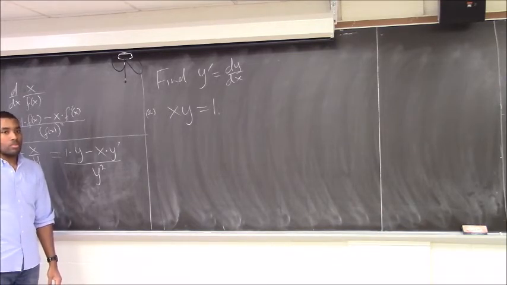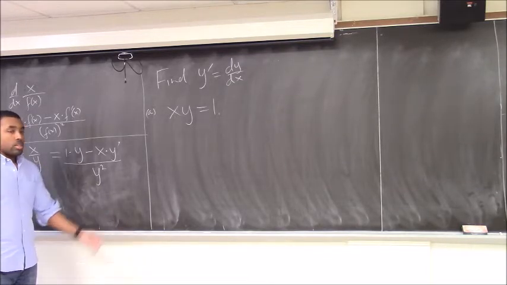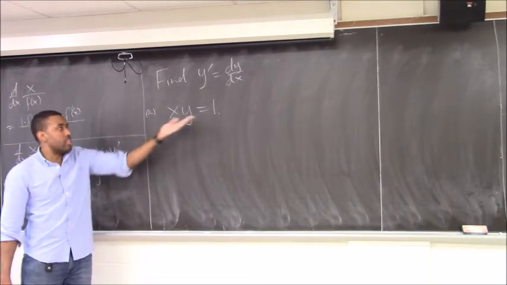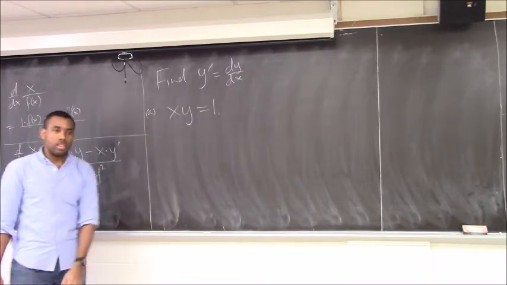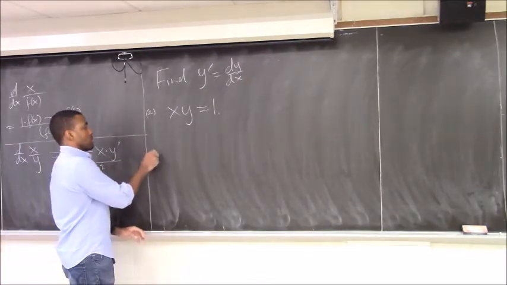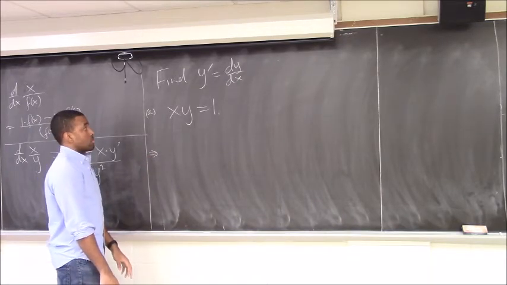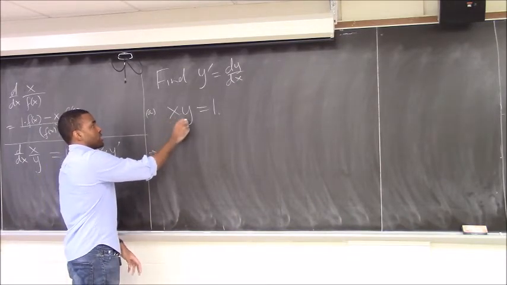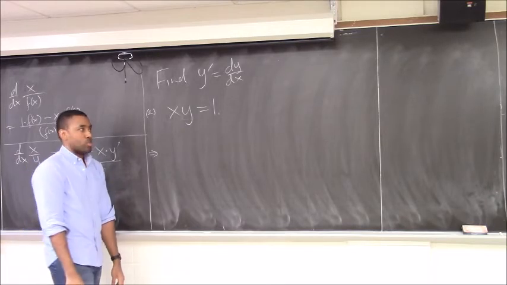Can you find the derivative of both sides or no? You can do that, right? If this is equal to that, then the derivative of this must be equal to the derivative of that. So what would happen? Product rule. Yeah, there's two functions being multiplied here. We can do the product rule.